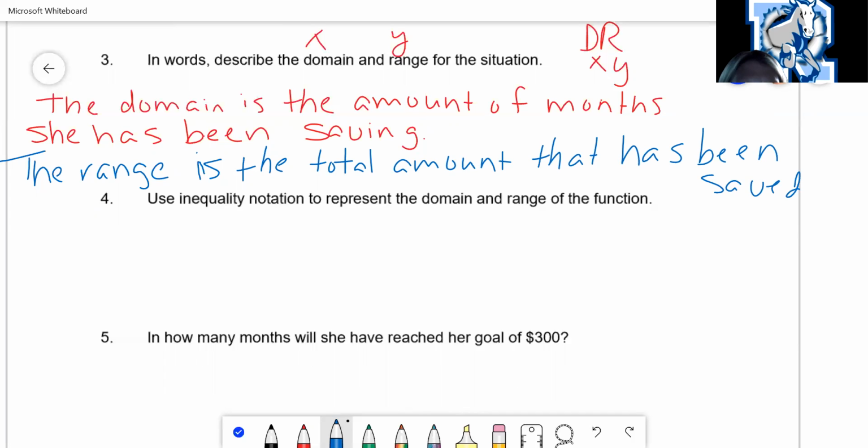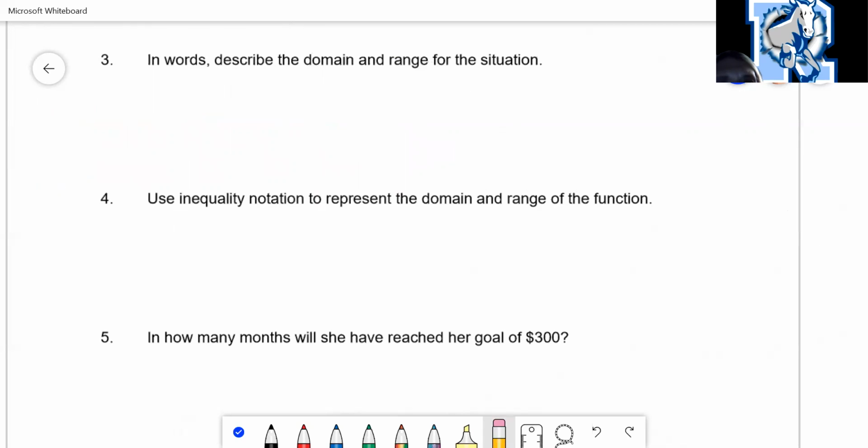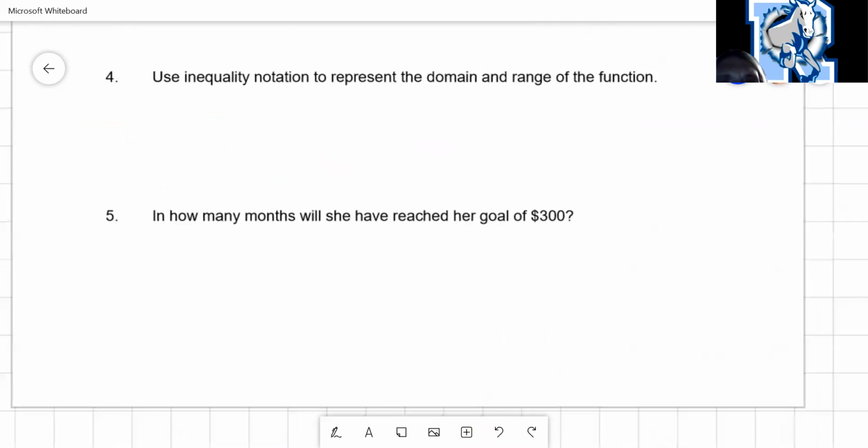Okay. Make sure you have that down because I'm going to move that up a little bit so that we can do the next one. Or the next two.